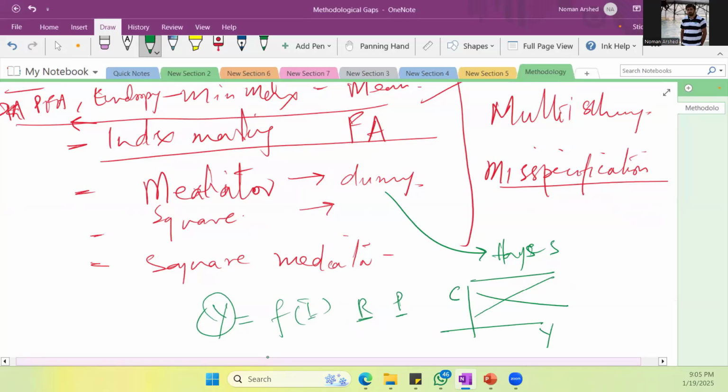So we usually use a mediator or a moderator. Technically, I was explaining a moderator here, not a mediator. I mistakenly said the word mediator. When you use a moderator, it means there are two relationships. So how will it solve the multicollinearity?